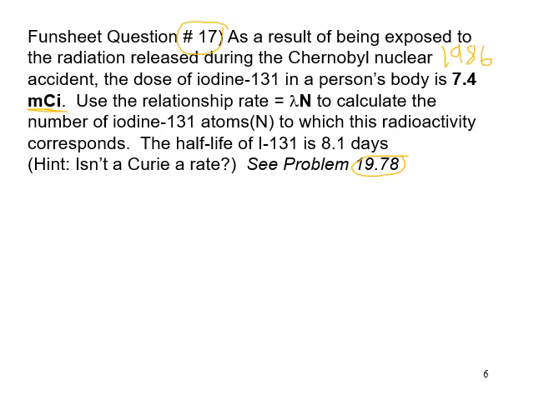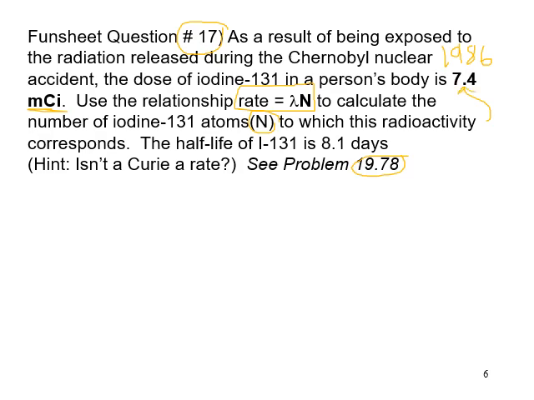The question I have here is to use the relationship, remember this is first order kinetics for nuclear disintegrations, rate equals lambda N, to calculate the number of iodine atoms N to which this radioactivity, 7.4, corresponds.